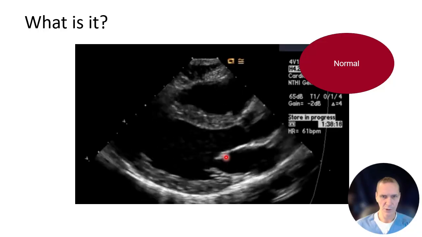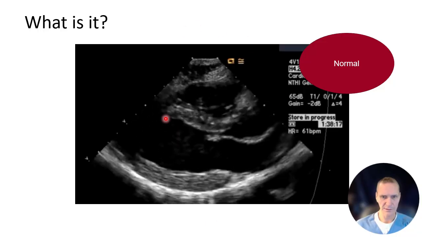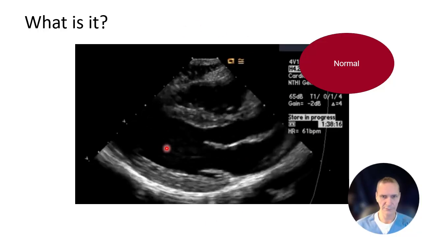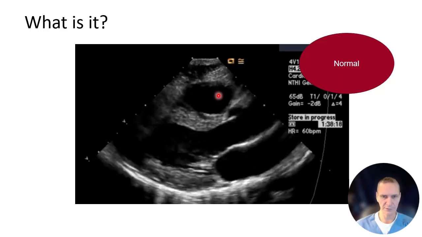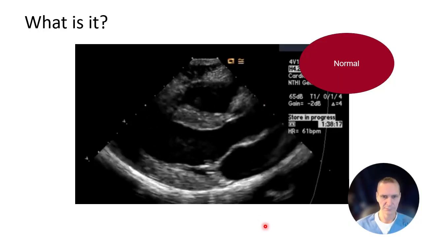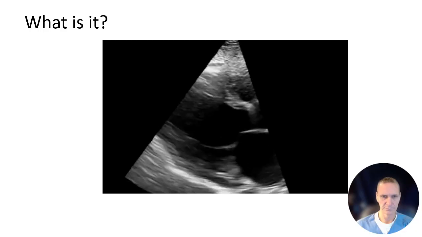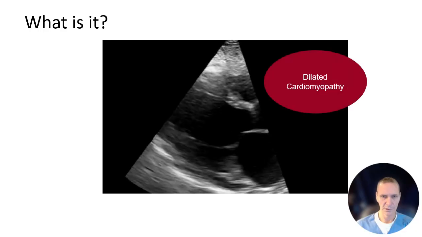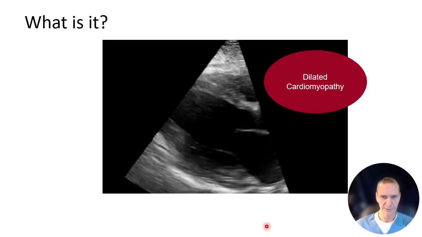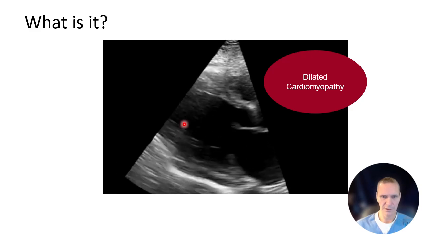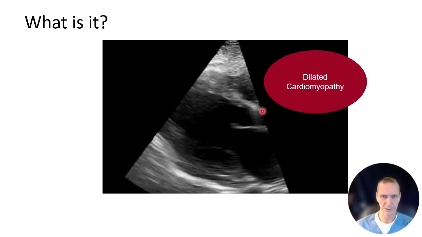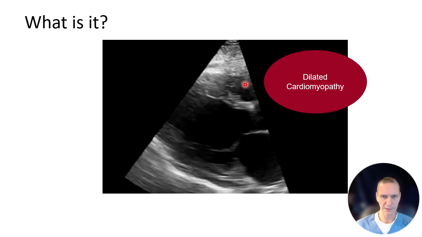Again, here's a normal heart. This is the parasternal long axis view. LA, LV, aortic outflow tract, right ventricular outflow tract. Another dilated cardiomyopathy: the LA, LV, aortic outflow tract, right ventricular outflow tract.